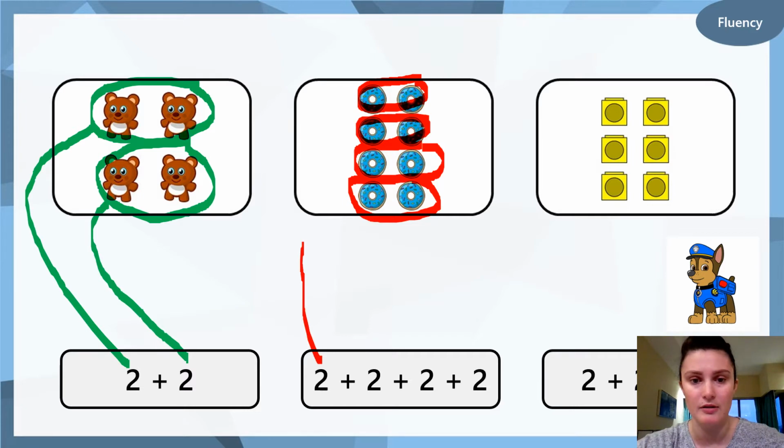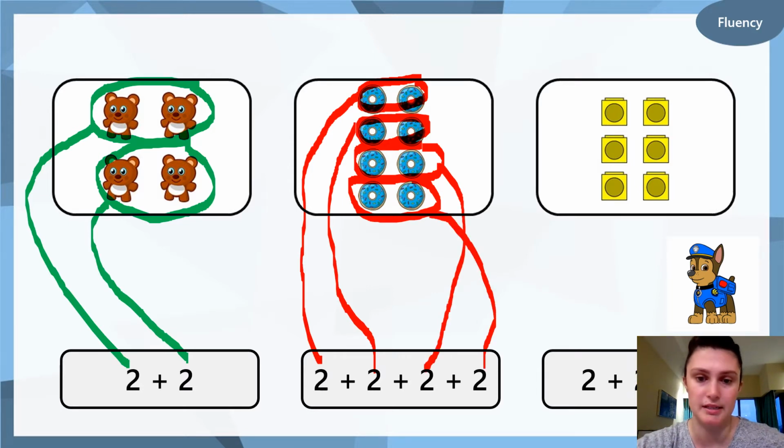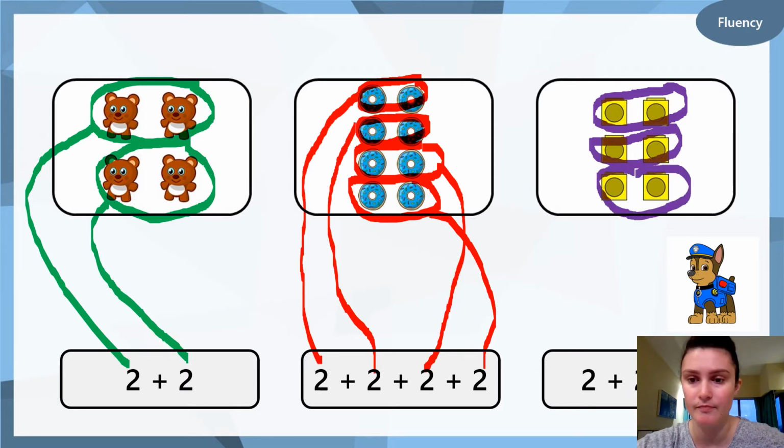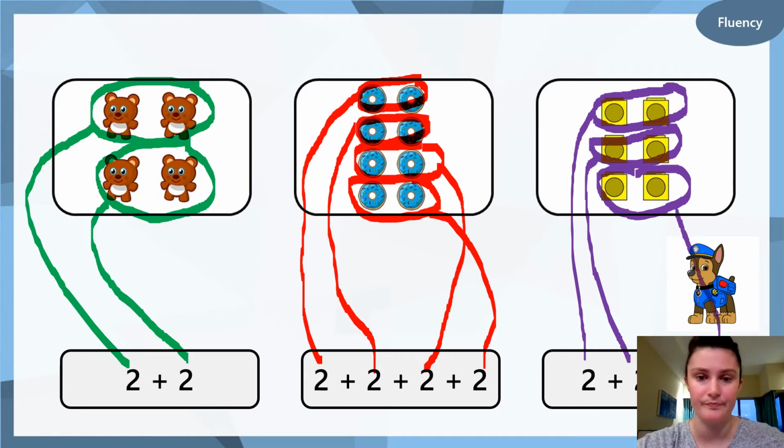We have 2 plus 2 plus 2 plus 2. It's a little bit messy there, sorry. And our last one, we have one row of 2, 2 rows of 2, and 3 rows of 2. 2 plus 2 plus 2.